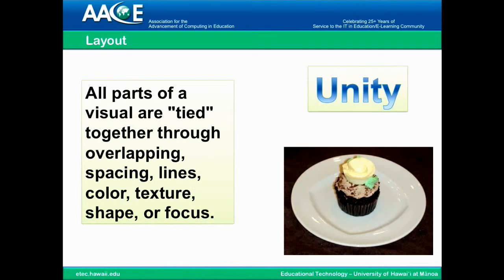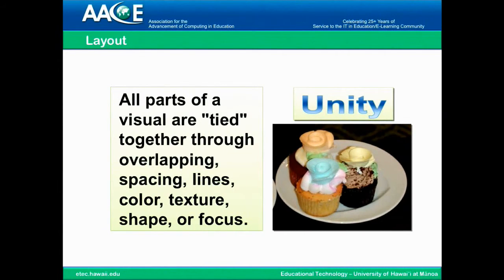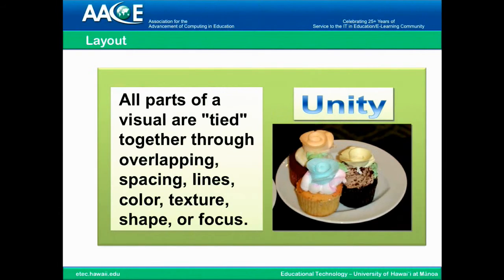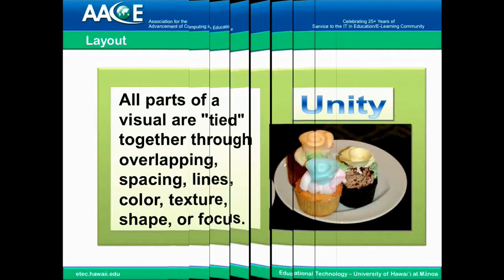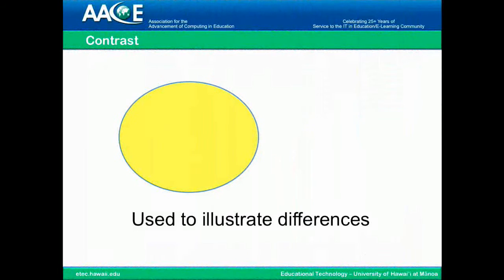Right now, it's like you have 3 pictures. So if we squeeze those together, we have more unity. But even more, if we add a green background, we tie them together in a way that makes them into a single picture.